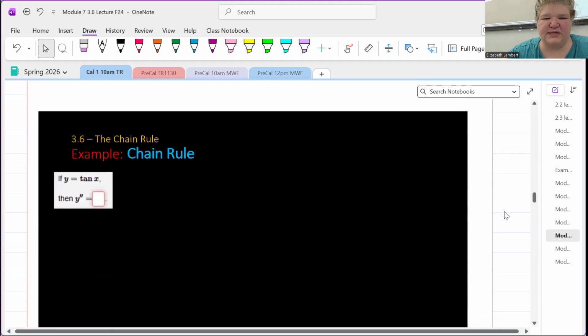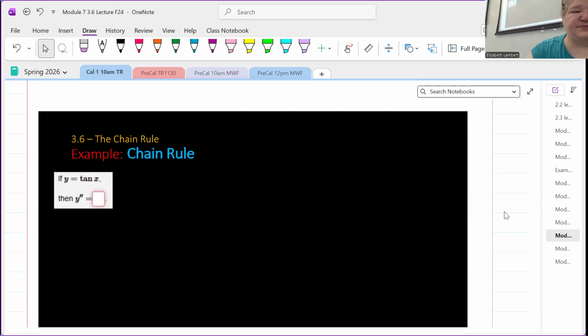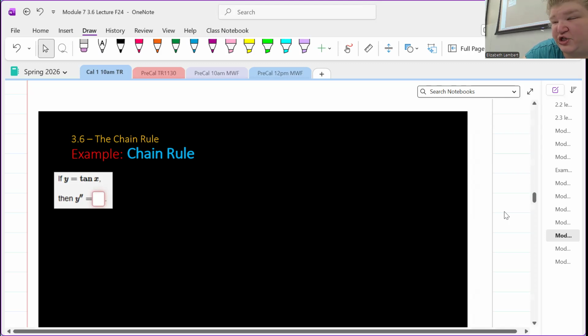All right, so let's go back to our tangent derivative. Our first derivative is just recalling the derivative of the trig function. I looked at the test and it looks like we're not going to give you the derivative of the trig function, so you are going to have to remember the derivatives of the trig functions.